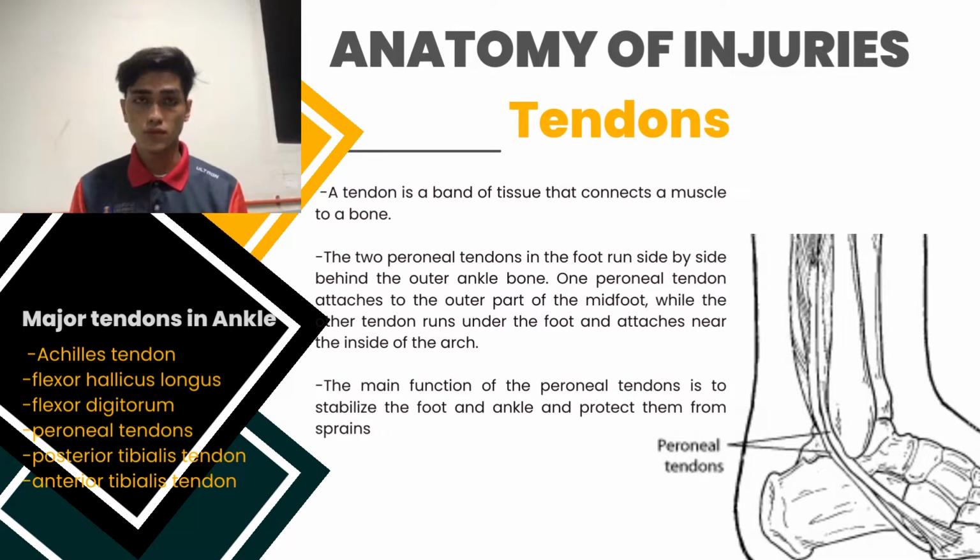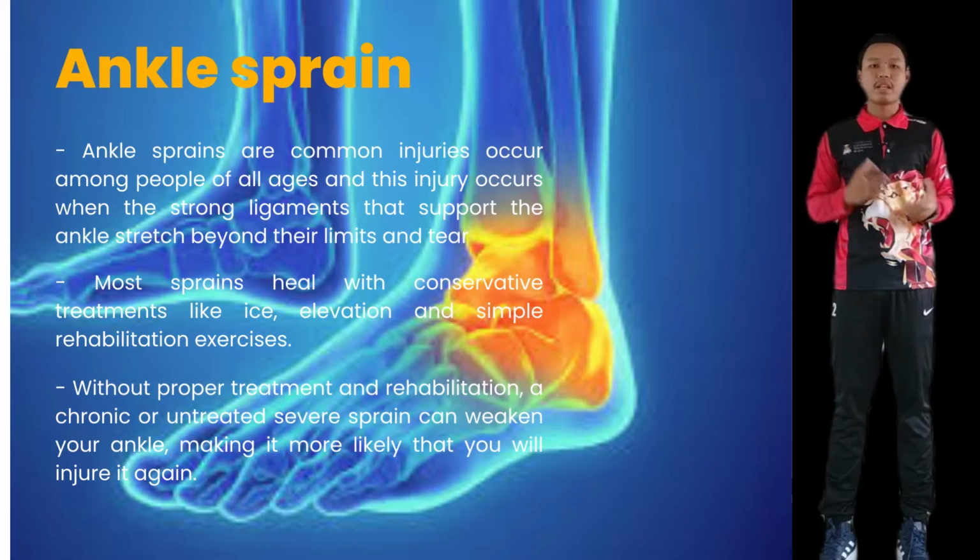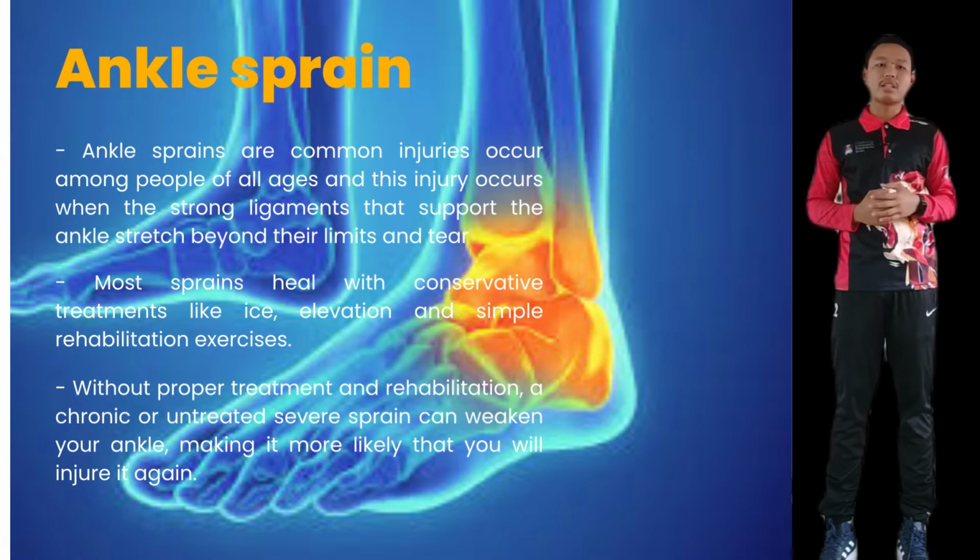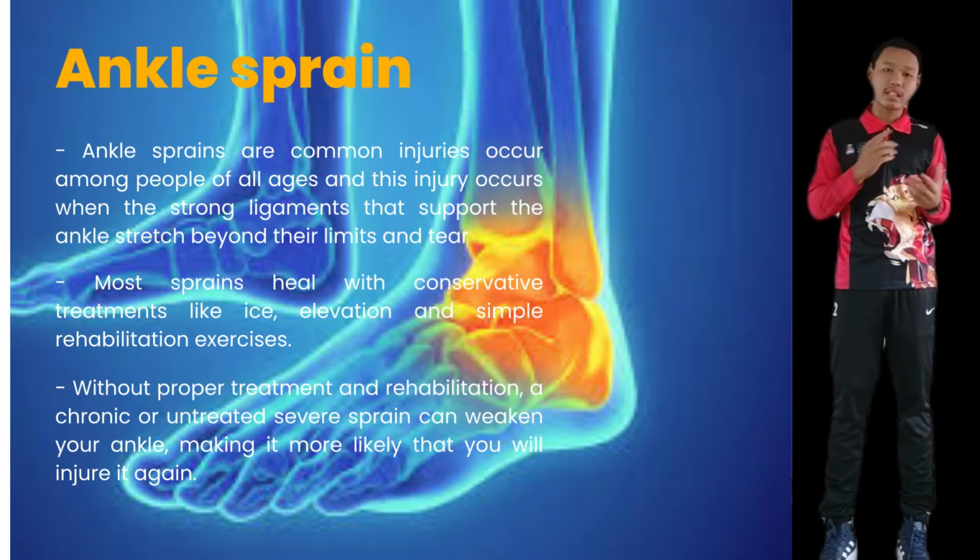Ankle sprains are common injuries that occur among people of all ages and activity levels. In fact, they are the number one reason for missed participation in athletics. An ankle sprain occurs when the strong ligaments that support the ankle stretch beyond their limits and tear.